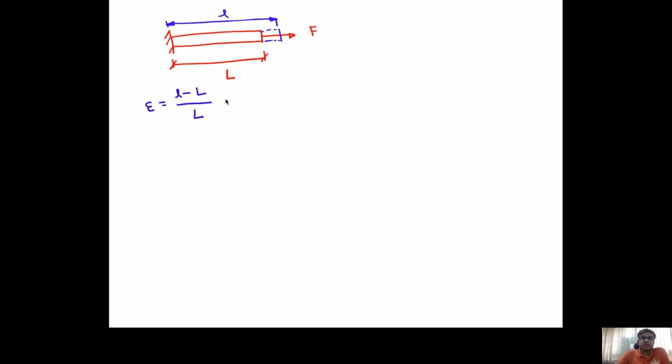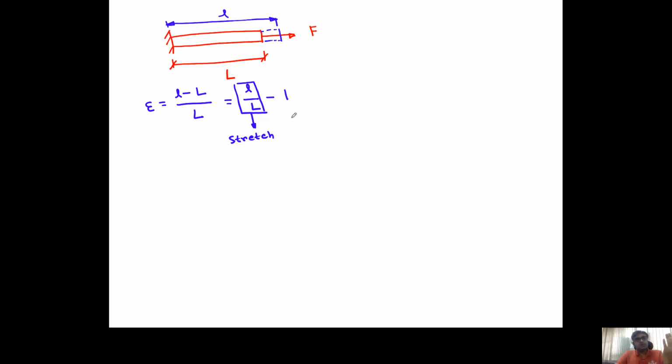There is another way of writing it, and that is l by L minus 1. And this l by L is known as the stretch. So how much the bar is getting stretched, as we say, is known as the stretch.